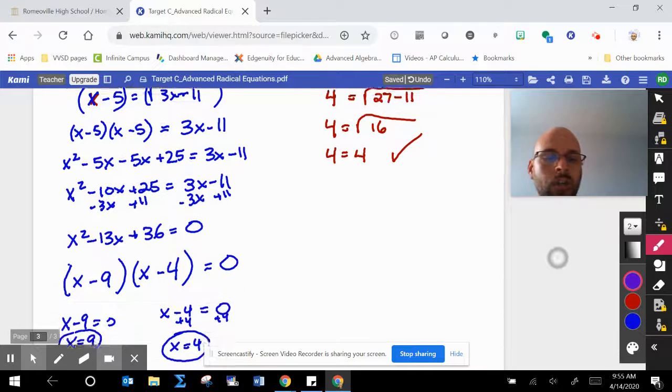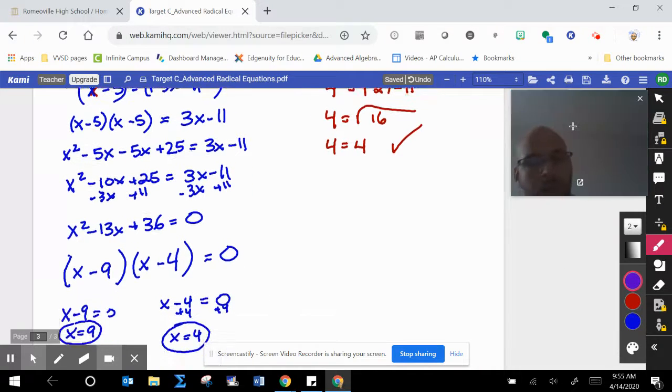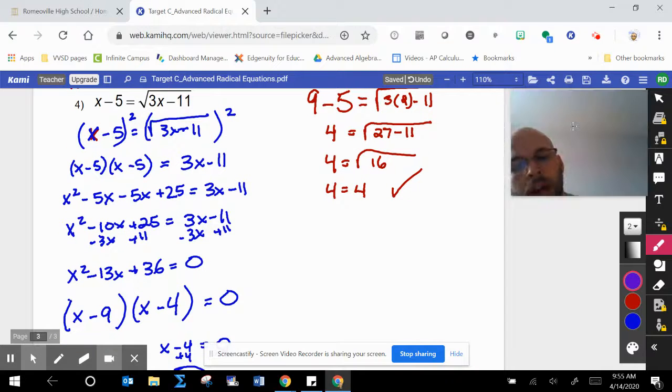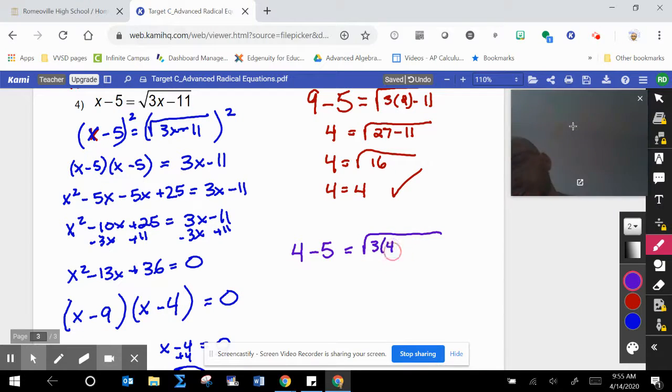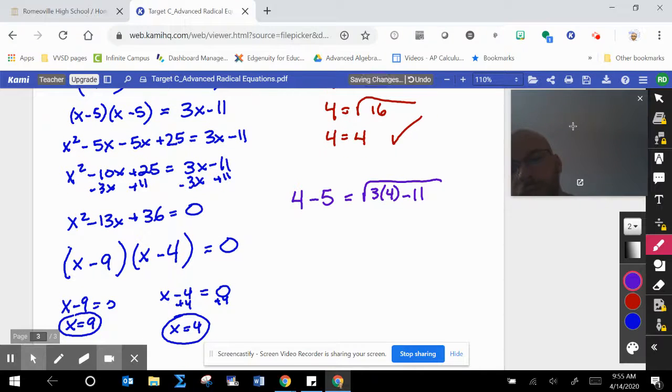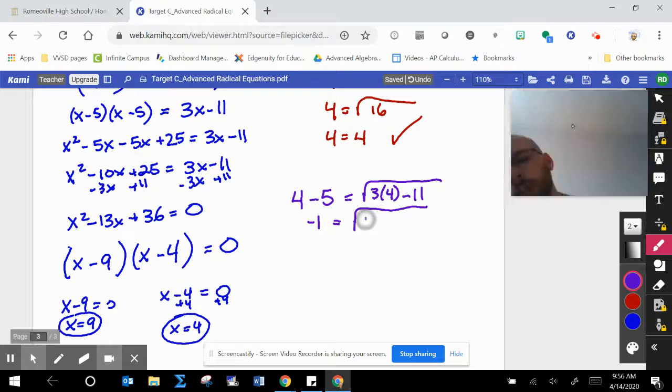Let's check to see if the other one is a solution. So I'm going to plug in a 4. So I have 4 minus 5 equals the square root of 3 times 4 minus 11. 4 minus 5 is a negative 1. The square root of 3 times 4 is 12 minus 11. So I have negative 1 equals the square root of 12 minus 11, which is just 1.